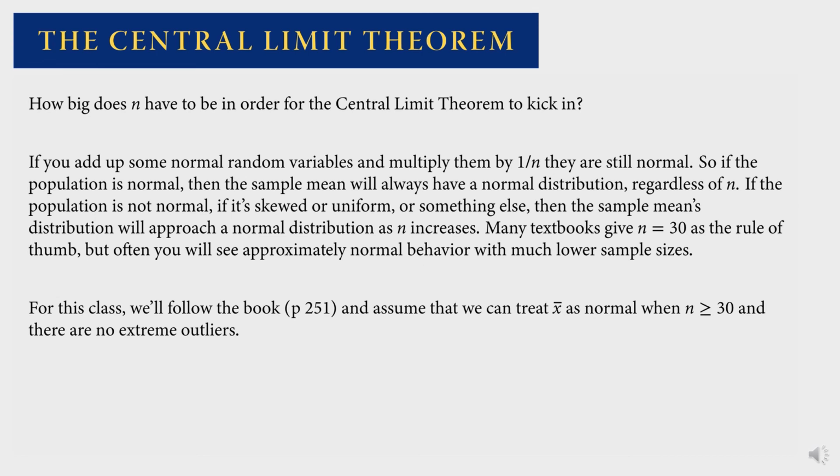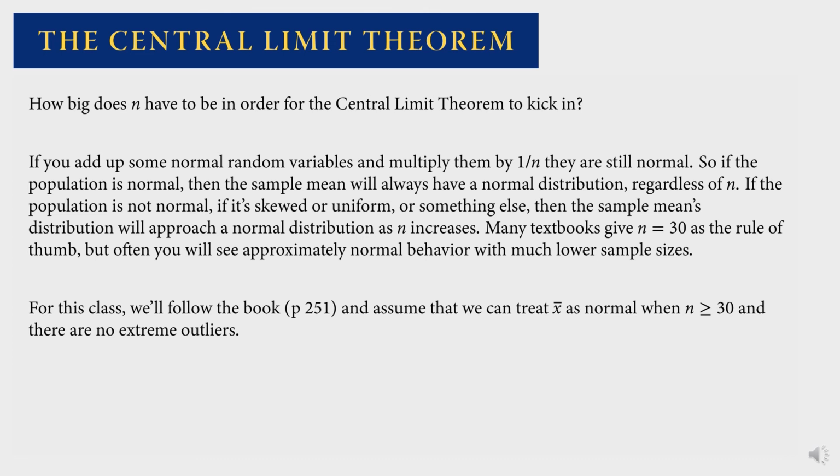If the population itself is normal, then the sample mean will be normal no matter what. But usually we don't know the population distribution, and when it's anything other than normal, we need the central limit theorem. Like I mentioned earlier, in most cases, the sampling distribution starts to look normal when n equals 30, and often it's less. n equals 30 is a common rule of thumb found in a lot of textbooks, including the one we're using.